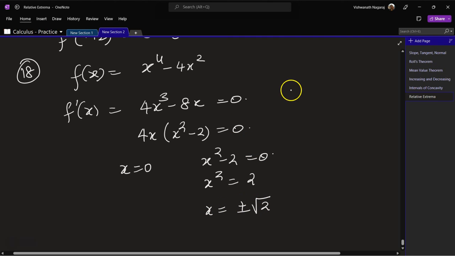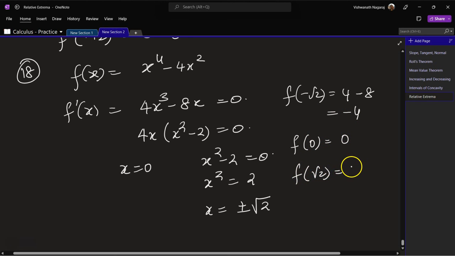So the coordinates are going to be f(-√2) is equal to x to the power of 4. So √2 to the power of 4 will give us 4, minus 4 times 2, that is 8, which is -4. And f(0) will give us 0. f(√2) will give us 4 minus 4 times 2, which is 8.